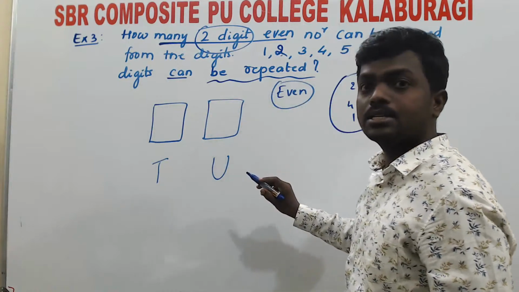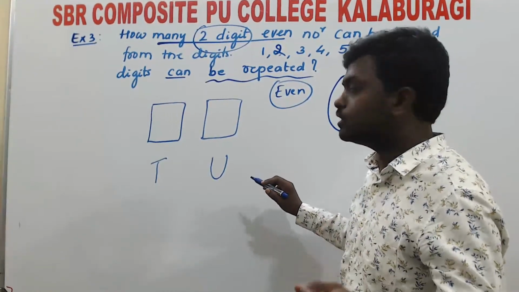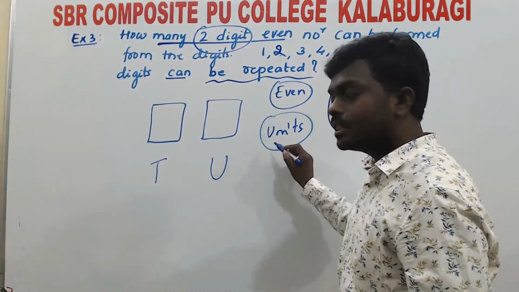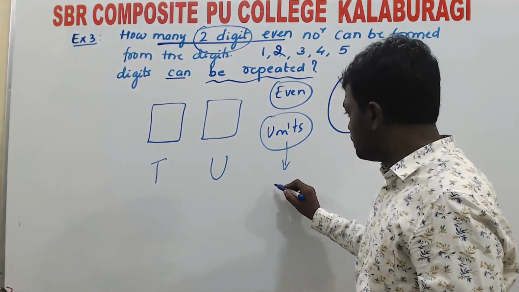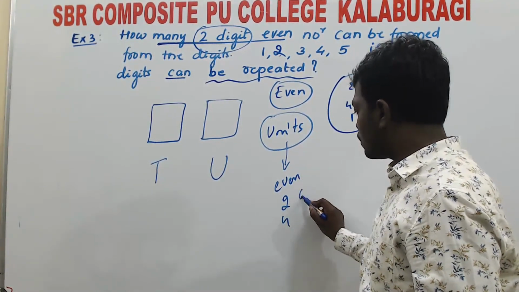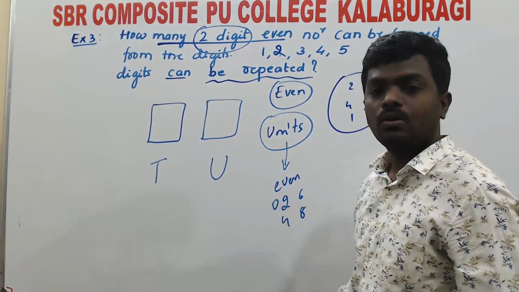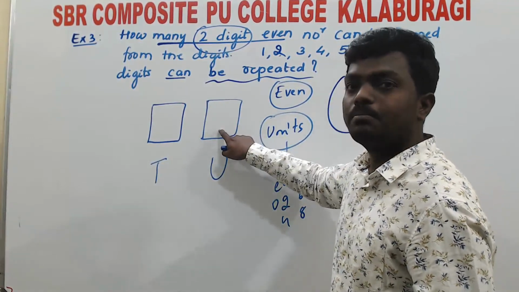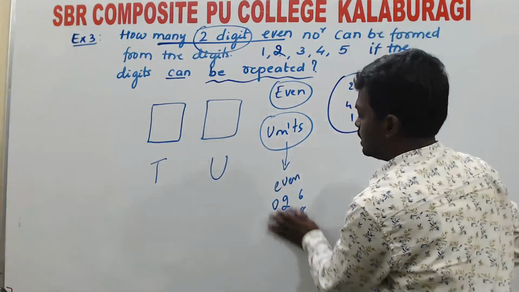Even numbers are always those numbers where the unit place should compulsorily be even. Either it should be 2, 4, 6, 8, 0. Right? So if such numbers are placed in the unit place, then only it is called an even number.